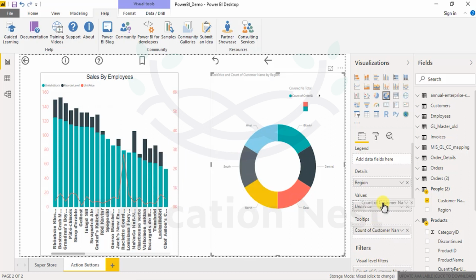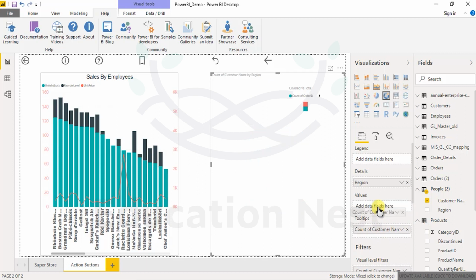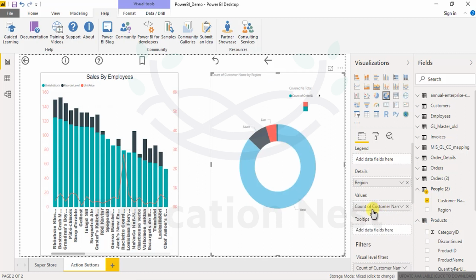So if I remove this and move it over here, and keep this, now you have a good chance of understanding that there are 686 customers coming from the west and a very minuscule percent coming from the other regions. So the focus of your effort should be on the west region.